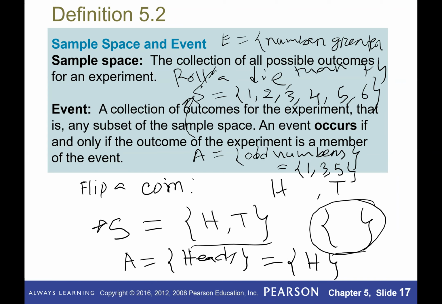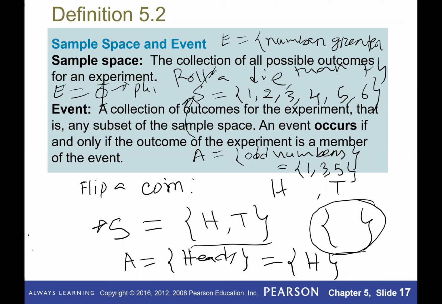So this is an empty set or null event. In this case, we represent this event as E equals this, which is called the empty set. This is called phi. So this is the empty set or null event.